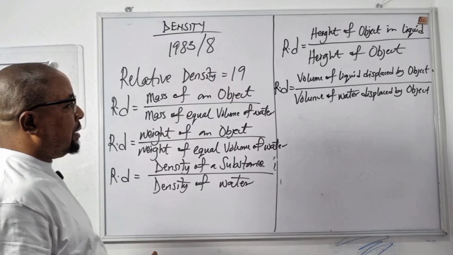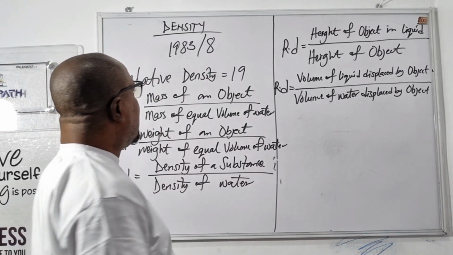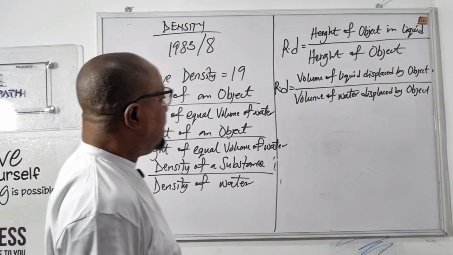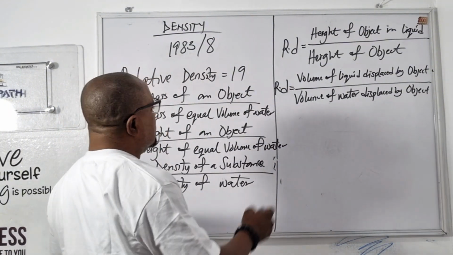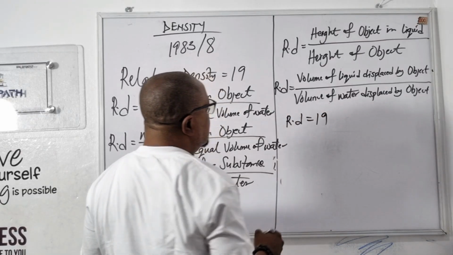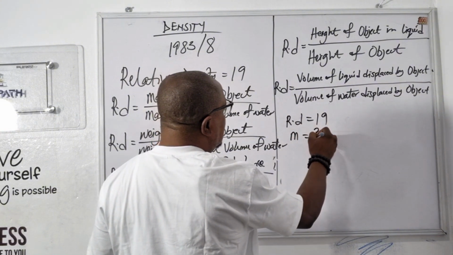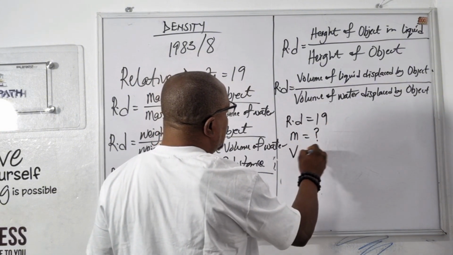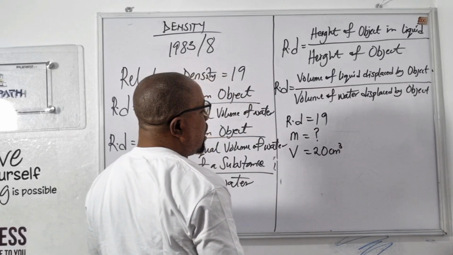With these formulas, we'll quickly look at the question we were looking at, 1983, question number 8. It says, if the relative density of a metal is 19, what will be the mass of 20 cm cube of the metal when immersed in water?